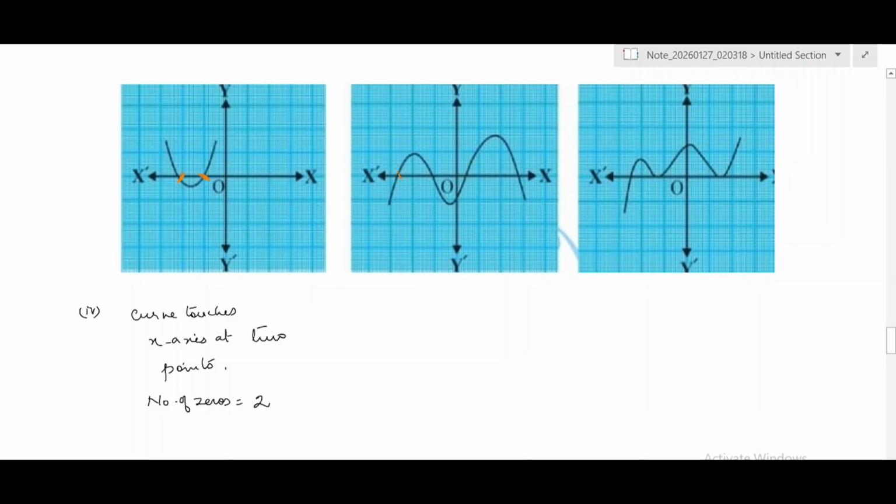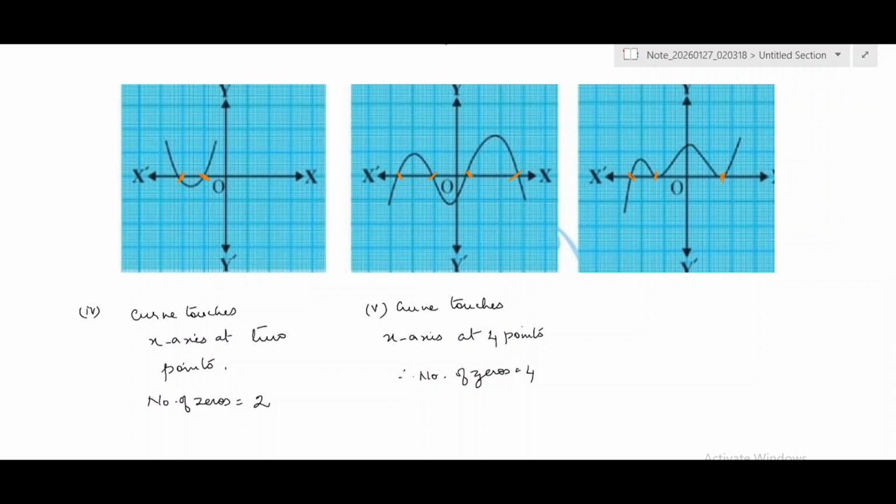Here the curve touches the x-axis at first point, second point, third point, fourth point. Fifth one, the curve touches the x-axis at how many points? 1, 2, 3, 4. 4 points. Therefore, the number of zeros is equal to 4.